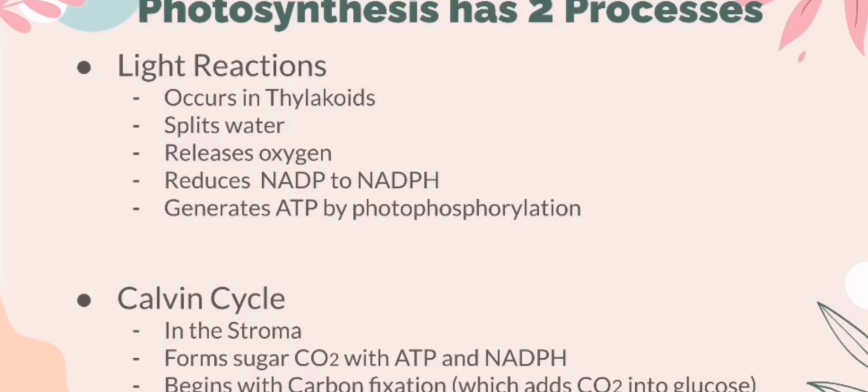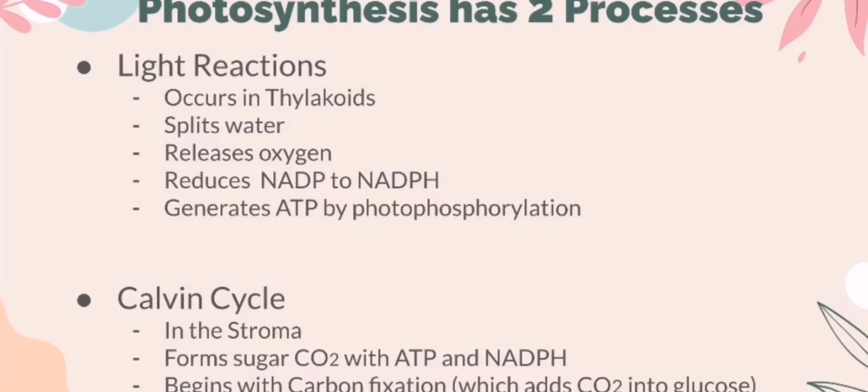It's similar to NAD plus in cellular respiration. So you can think of it like that. They're both electron carriers, and in light reactions we reduce, which means we add an electron to NADP plus in order to make NADPH, which is now carrying that electron and is very charged.